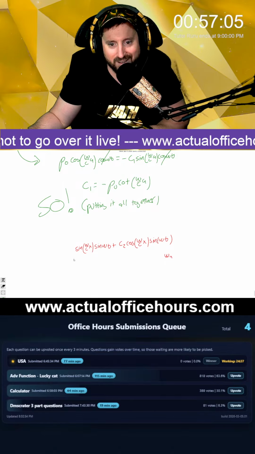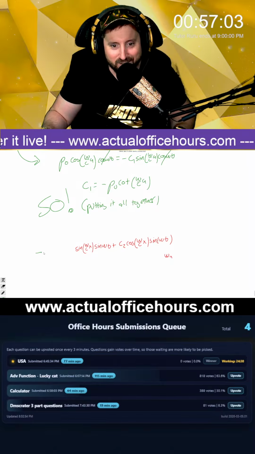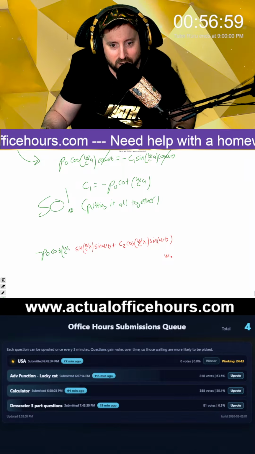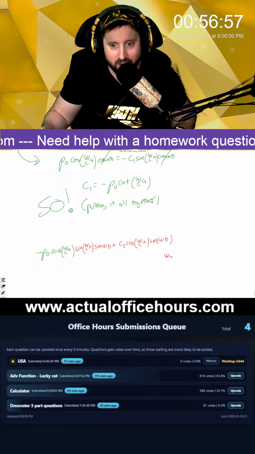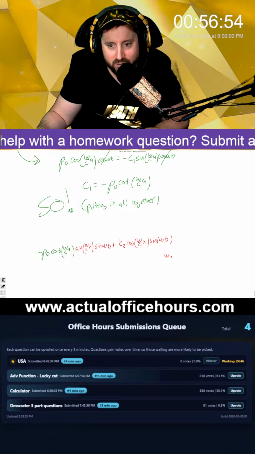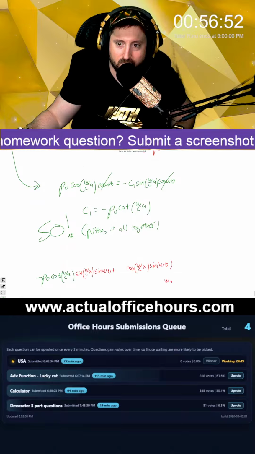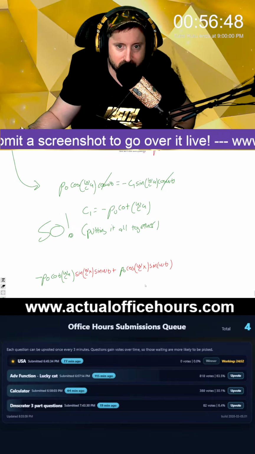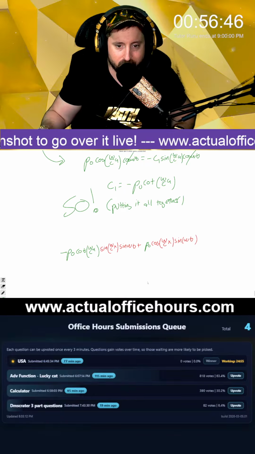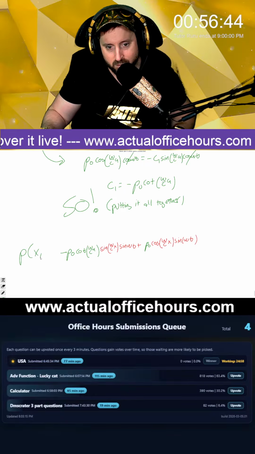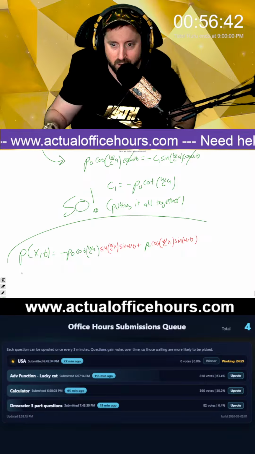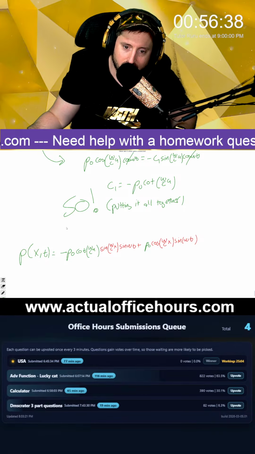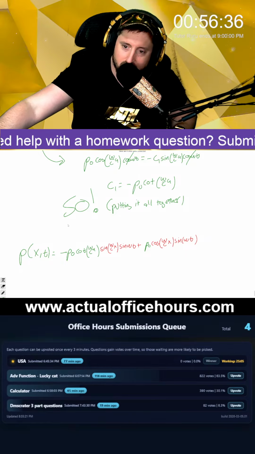Okay, so negative P naught cotangent omega over C times A times sine omega C over X times sine omega T plus, and then C2 is just P naught. Mm-hmm. And then this is P of X, T. Yeah? Yeah, I believe so. I think that looks correct. Wow.